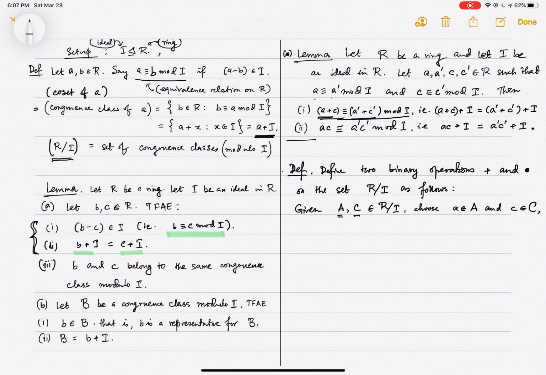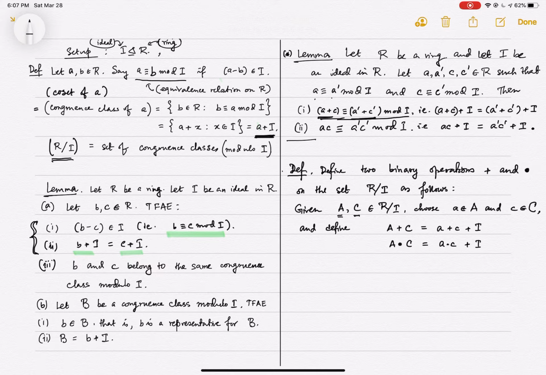So little a and little c are elements of your ring R. And define A plus C to be the coset of little a plus little c, and A times C to be the coset of little a times little c.